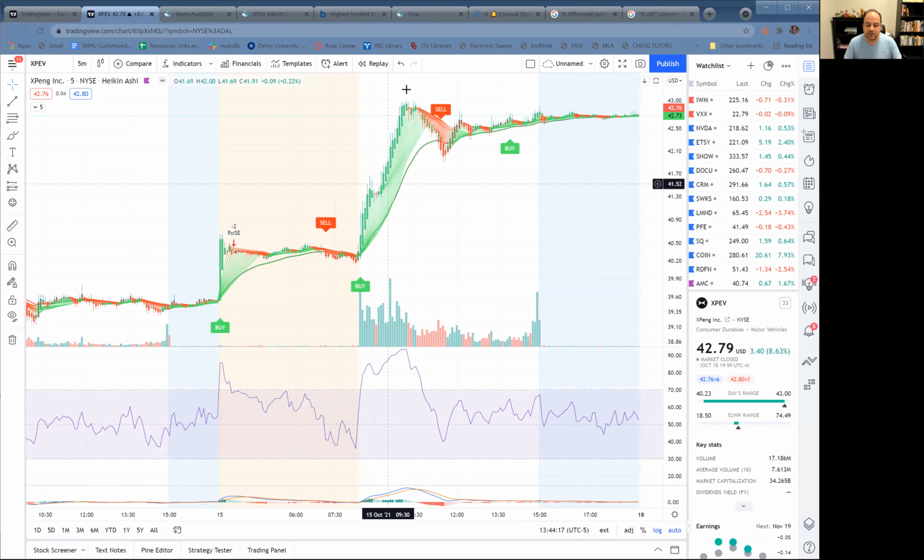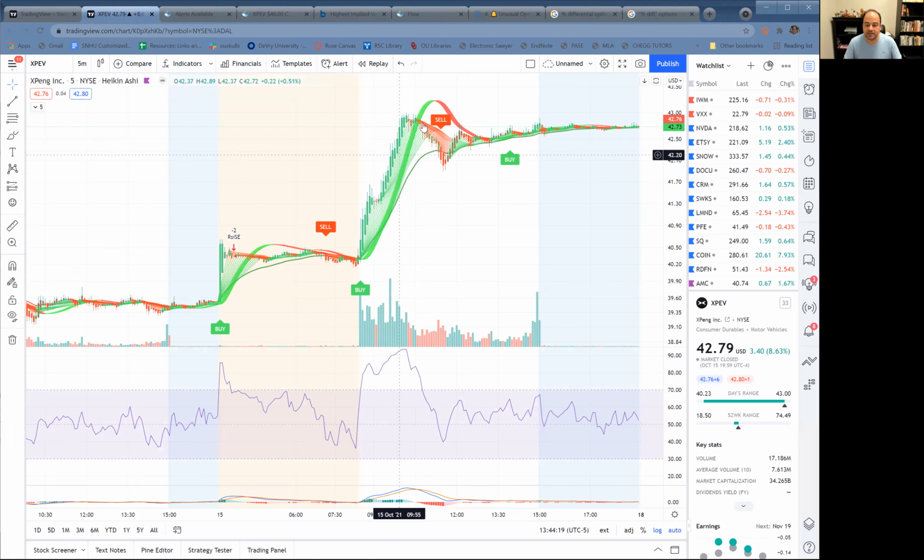You can see it was in the process of this big run, and it was alerted about right here. So if you were on top of this and then watching, you can see it was in a little bit of a moment of consolidation before continuing to run.